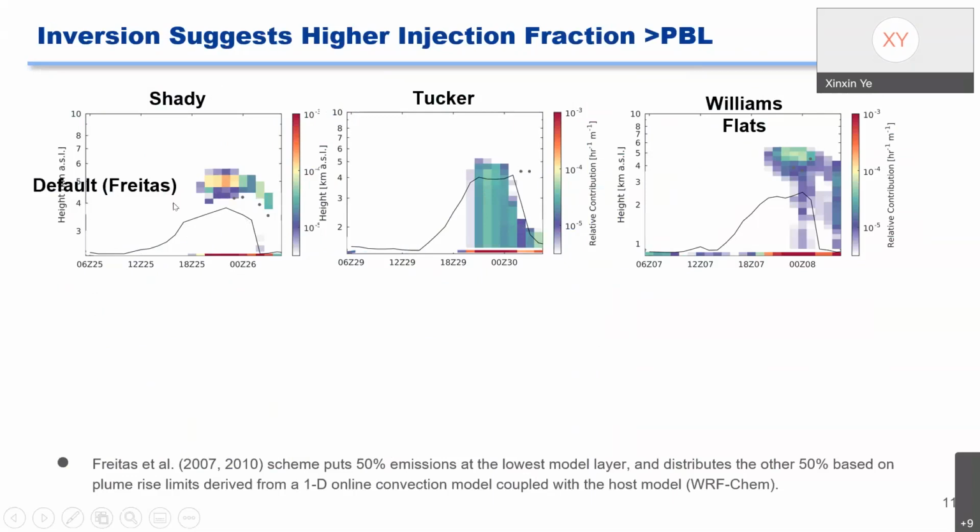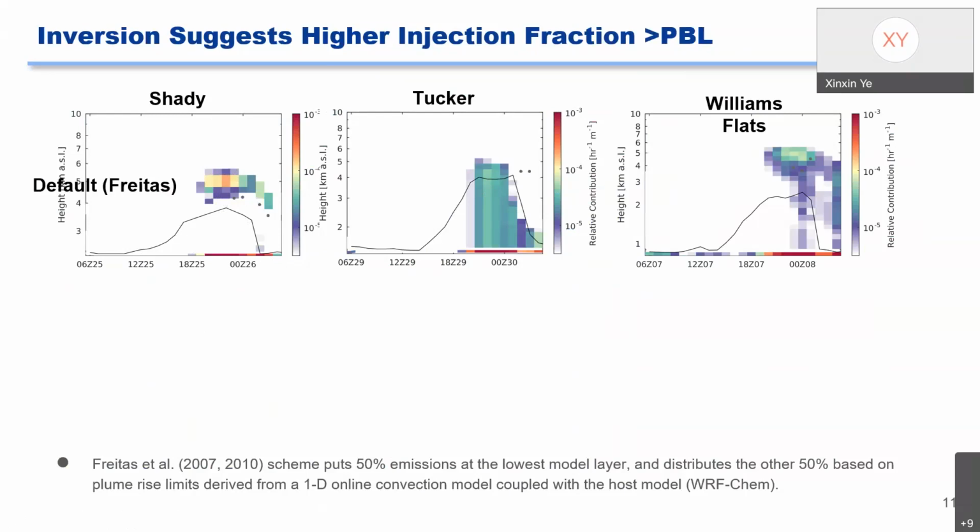This is derived from the FIREX plume rise scheme. In the default scheme, the scheme would put 50% of the column total emissions at the surface level, the lowest model level, and redistribute the other 50% to the higher levels. And the upper and the lower limit of the injection is derived from an online coupled one-dimensional model in this plume rise scheme, using different convection energy that is assigned for different fuel types.